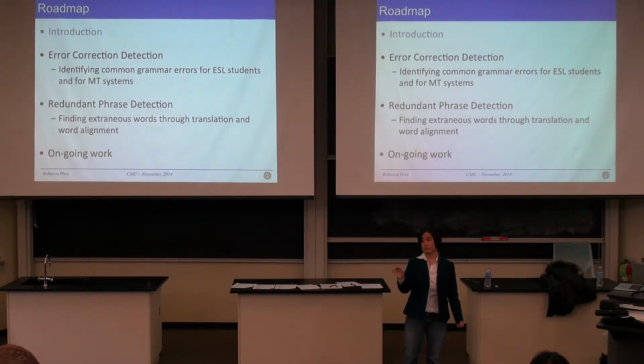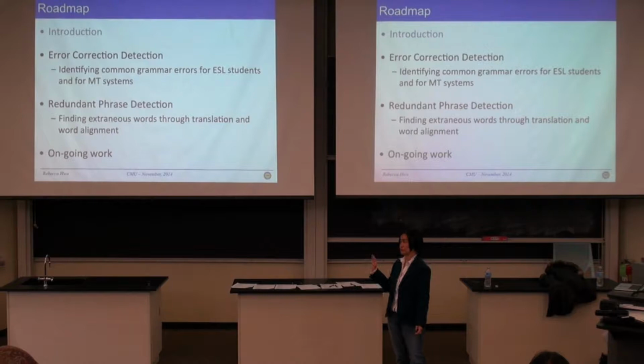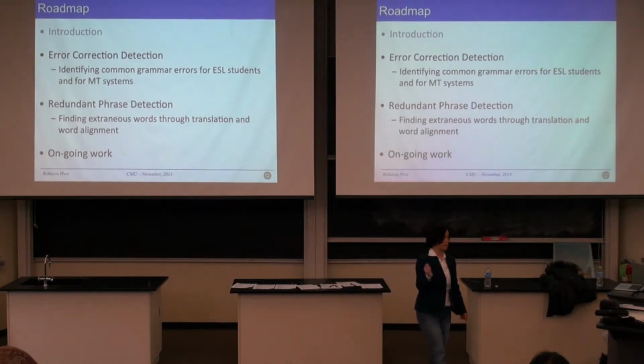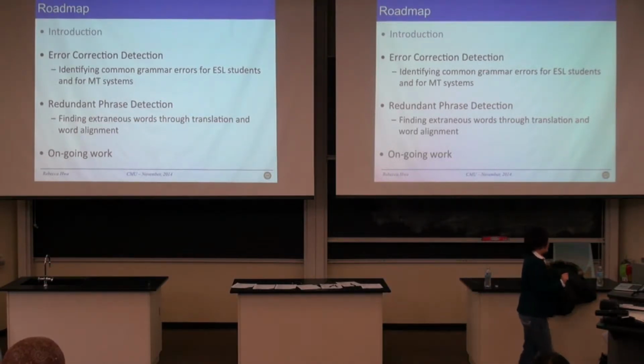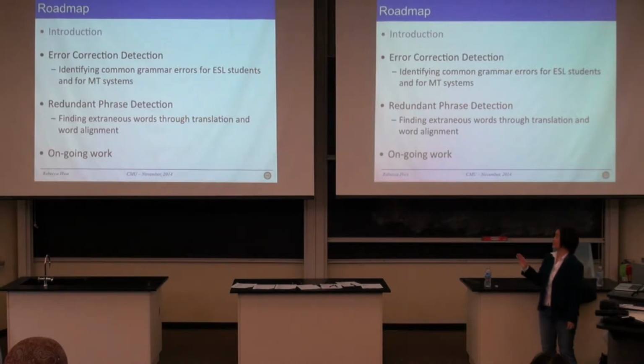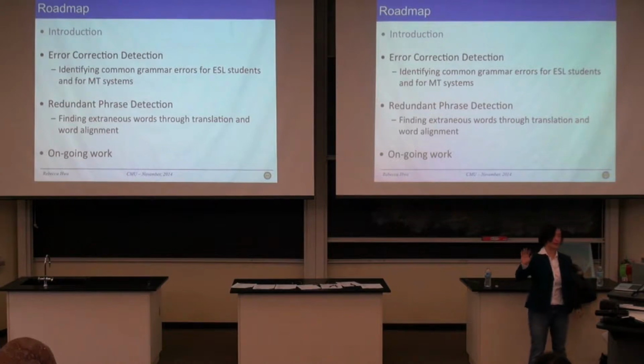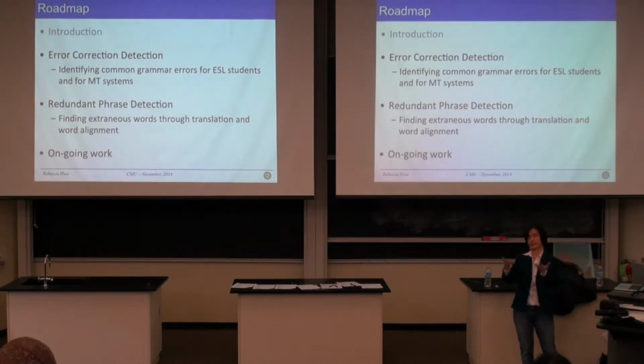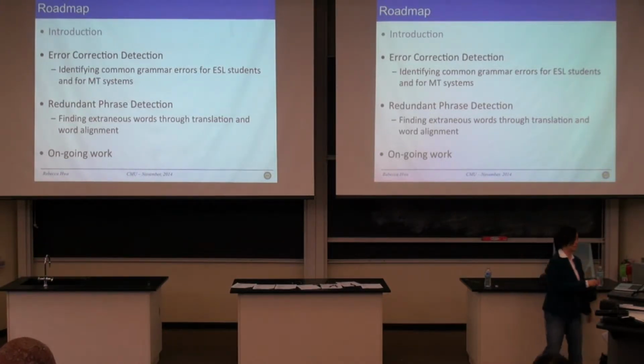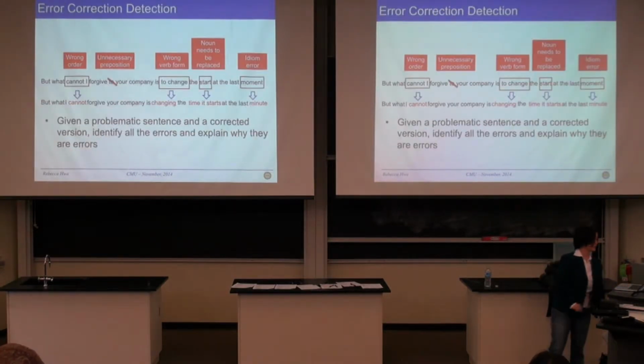So if you have a sentence that's wordy or has a lot of extraneous words in it, we would like to be able to delete those. You can think about the first one as largely trying to tackle the problem of how does grammar error correction inform MT, and the second one as more of how does MT inform grammar error correction. But as with all things, they bleed into each other in some ways, and I'll end with some ongoing work that we're still currently doing.